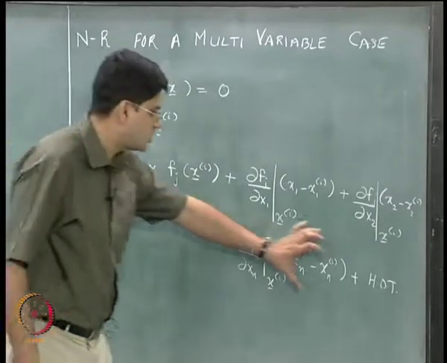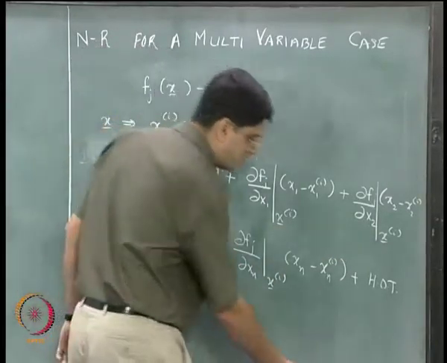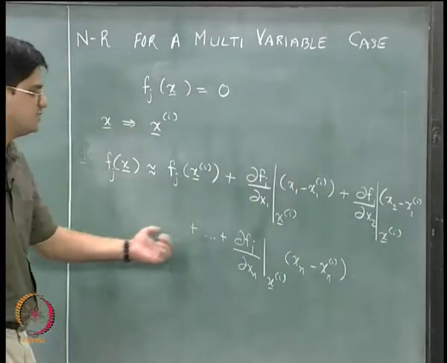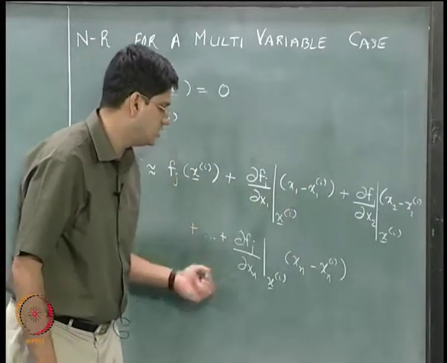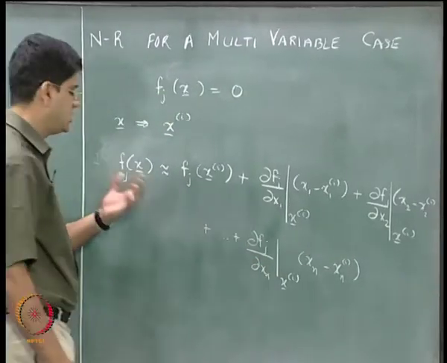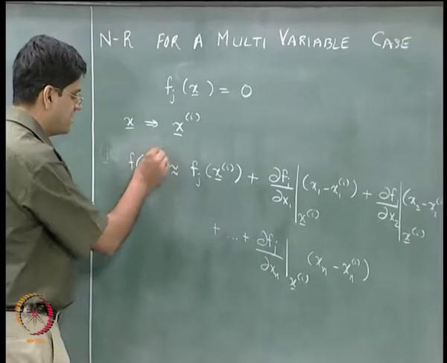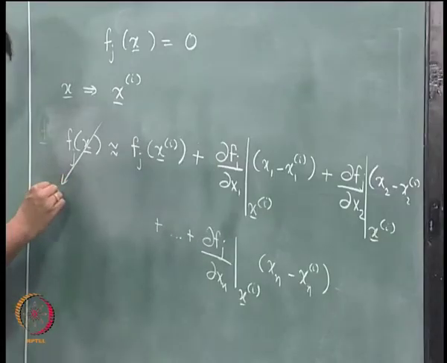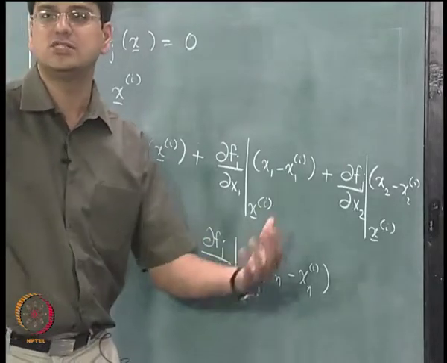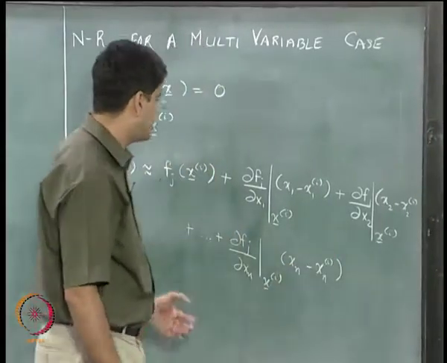Okay, so this is what we get. If we neglect the higher order terms, we will get this particular expression as approximately equal to the right hand side. Now what we had done in deriving the Newton-Raphson's method is we had put this particular expression equal to 0, and whatever solution that we get was x of i plus 1. That is what we had done.